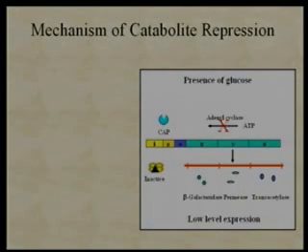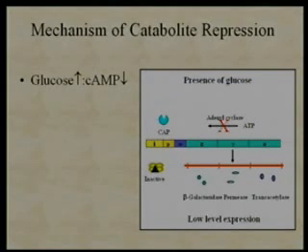What do you see in the presence of lactose and the presence of glucose? Well, in this situation, lactose, of course, will inactivate the repressor, and we will begin to try to turn on or induce these genes. But in the presence of glucose, what happens is that the cyclic AMP levels drop in the cell. And the reason that they drop is that this enzyme, adenyl cyclase, is actually in the membrane of the cell.